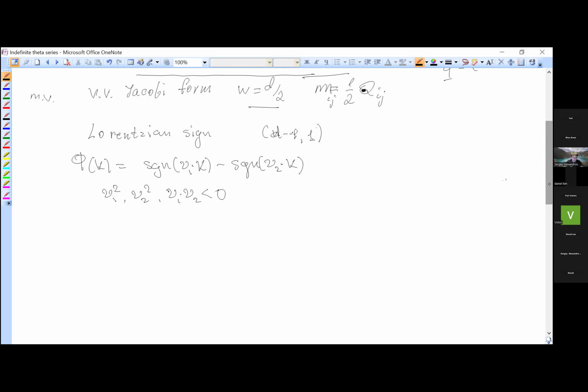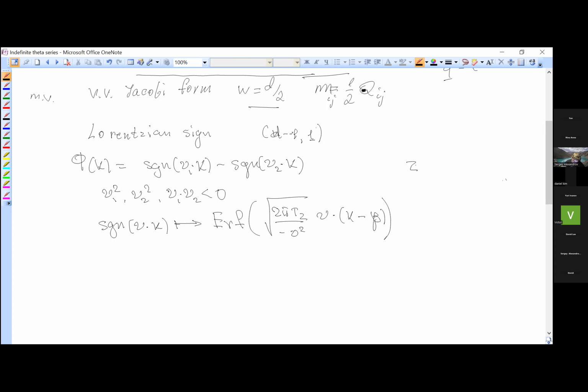And the claim is that there is a very simple trick for how to do it. It was understood by Zwegers, and the trick is very simple. Just take any sign function which we had before, like sign of v dot k, and just replace it in the kernel above by the error function with the following argument: square root of 2 pi tau 2 times v dot, and let's write here, k minus beta, where beta is a component of z.